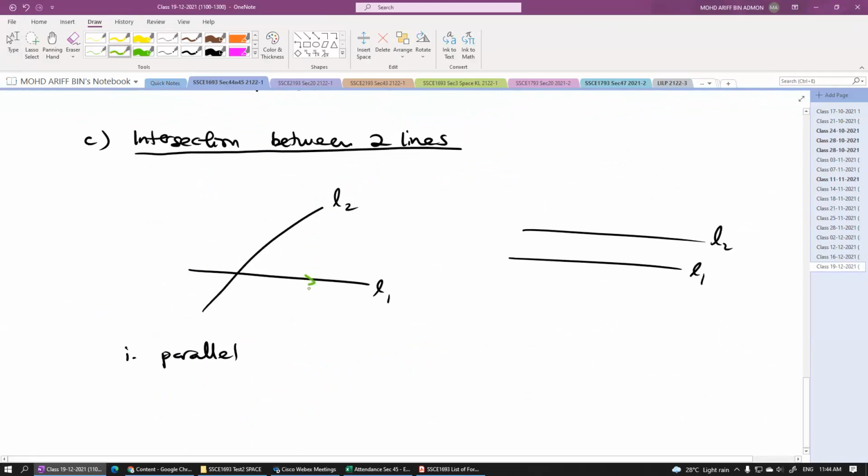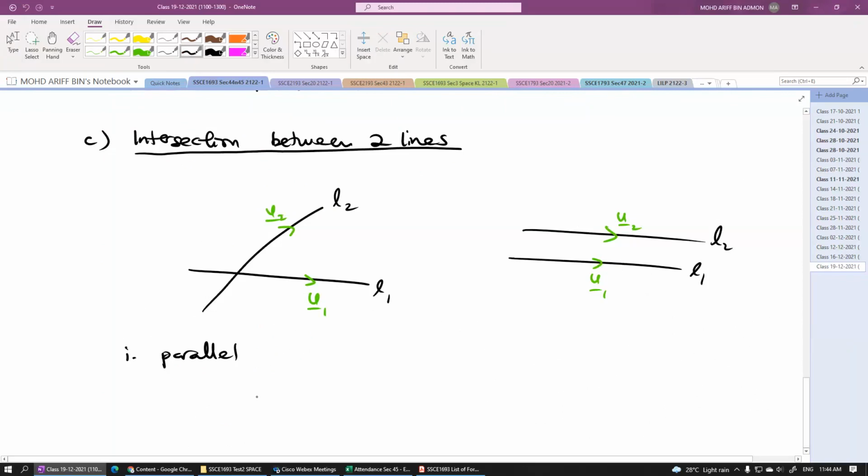Just now you had U1 here and U2 here. Same goes here, U1, U2. It doesn't matter whether they are in opposite directions or not. Let's say I just consider a similar direction, for example.